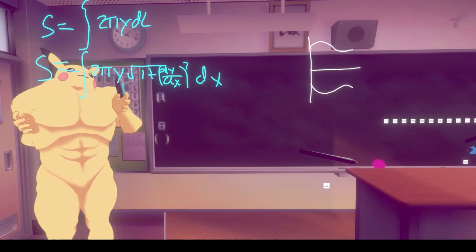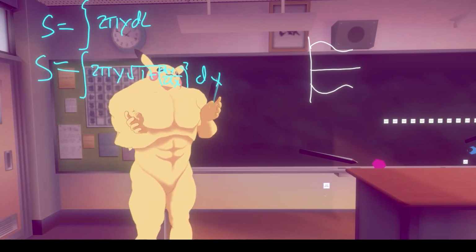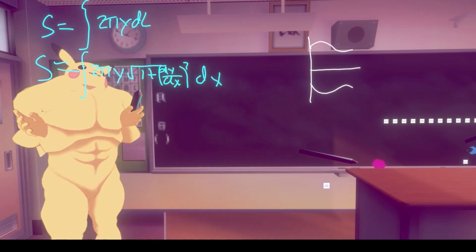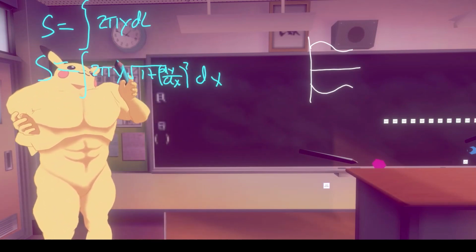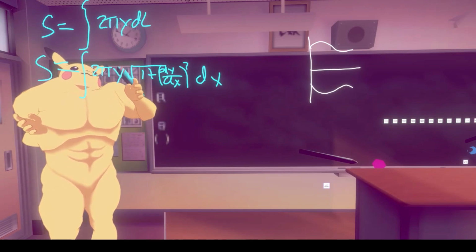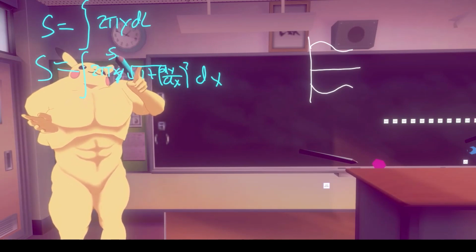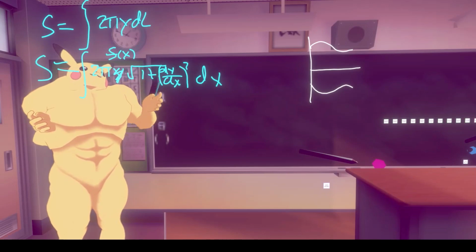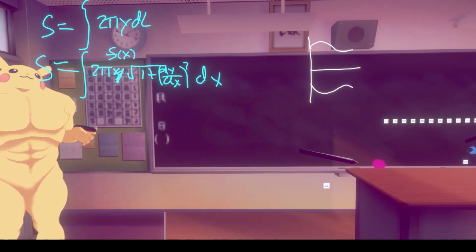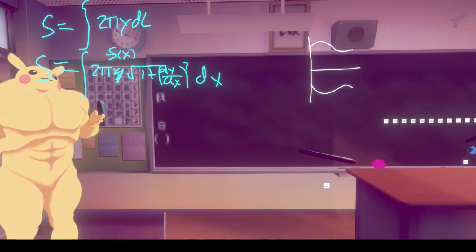However, there's one problem. Y doesn't work with dx, but we do know that y is equal to f of x. So in this case, we're going to cancel it and put it as f of x. But why did we insist to use y before?